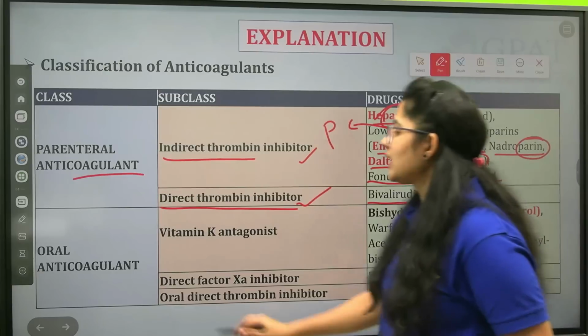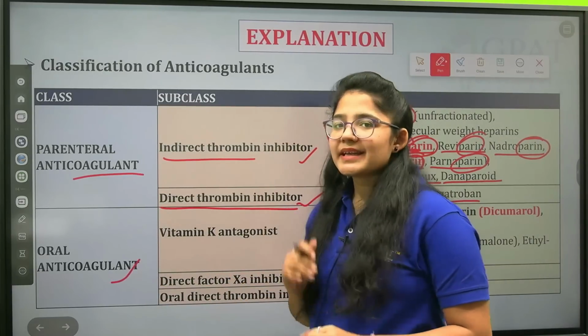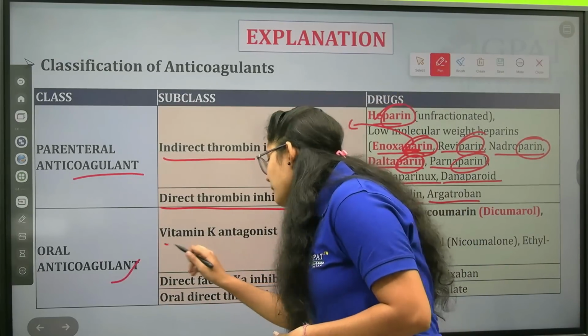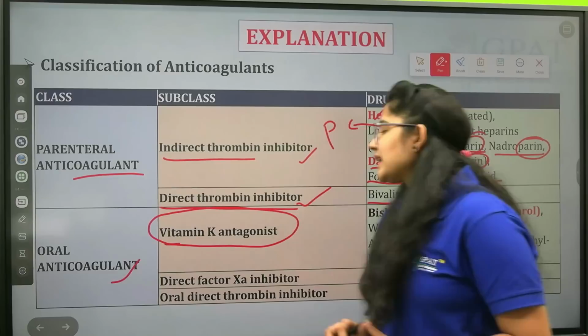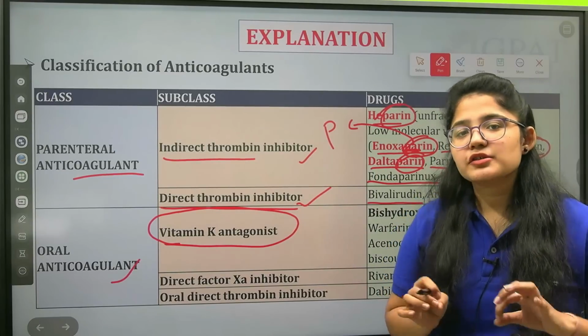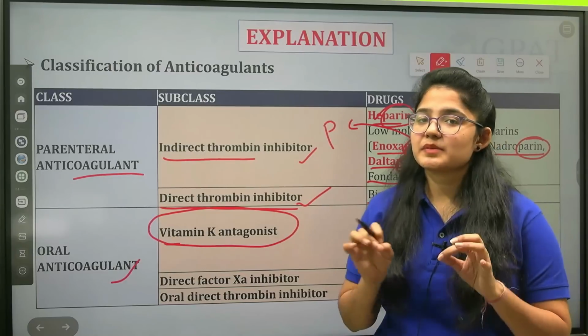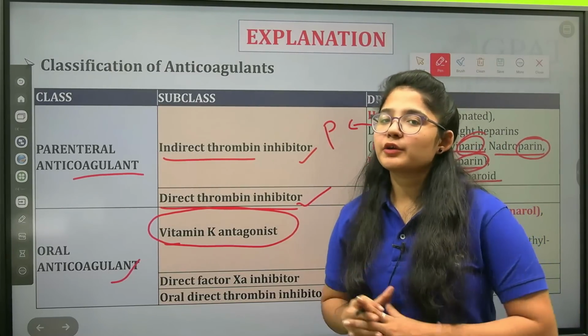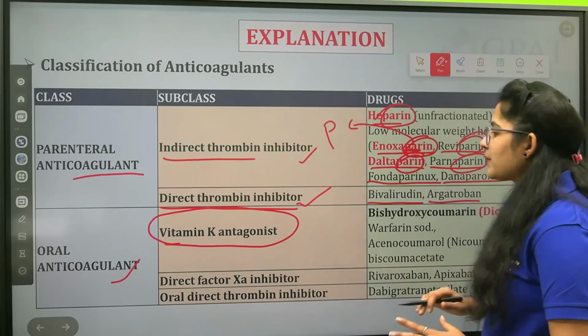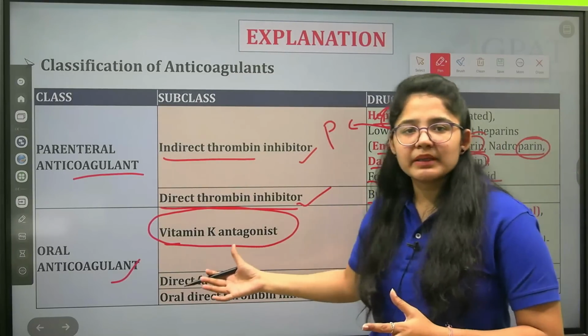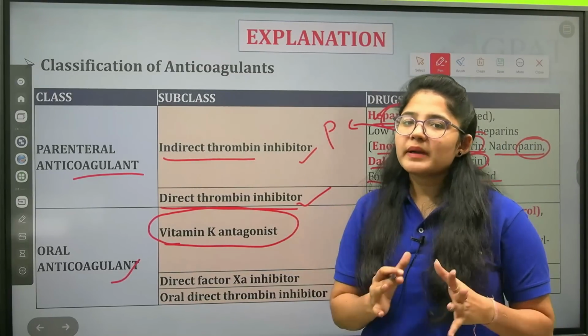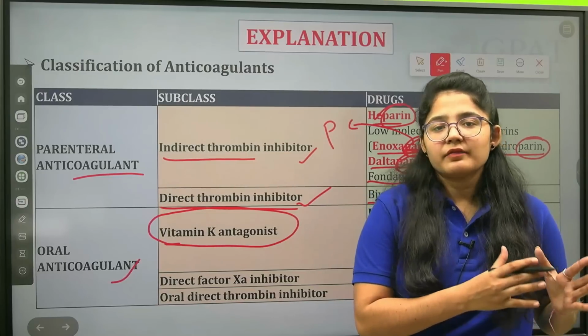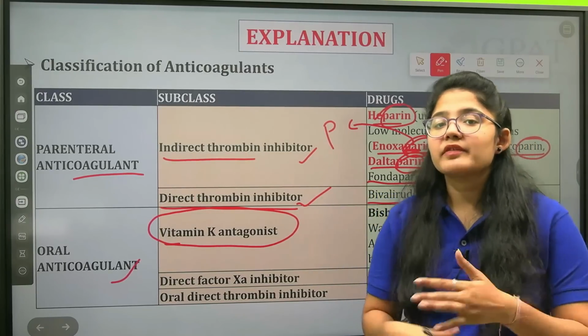Next is oral anticoagulant, that is given orally. Next classification is vitamin K antagonist. As you know, vitamin K is responsible for the coagulation of your blood. So if we inhibit vitamin K synthesis, your body will work as an anticoagulant.